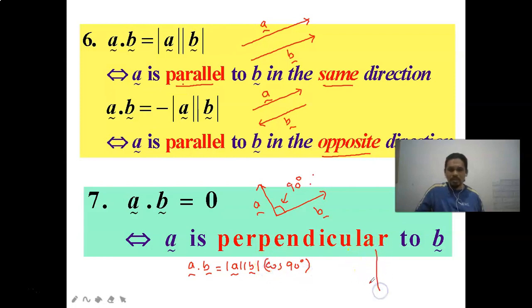If you sketch the graph of cos theta, it begins from 1, and this is pi over 2, which is considered as 90 degrees, and the value of cos 90 equals 0. So 0 times these two is of course going to give you 0.